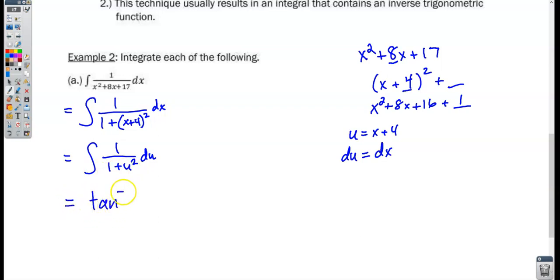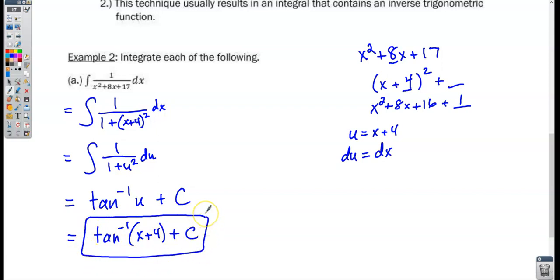And so that's going to become the arctangent of u plus a constant. We bring our u back, which is x plus 4. And boom, there is our integral of 1 over the quantity x squared plus 8x plus 17 dx.